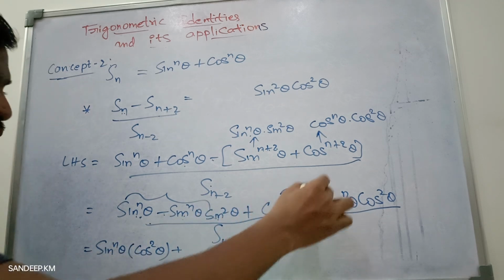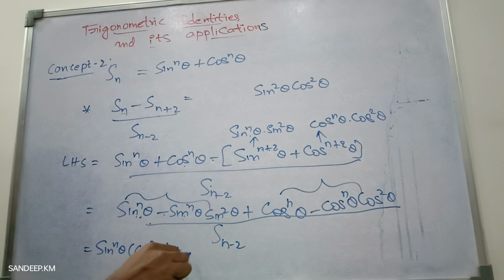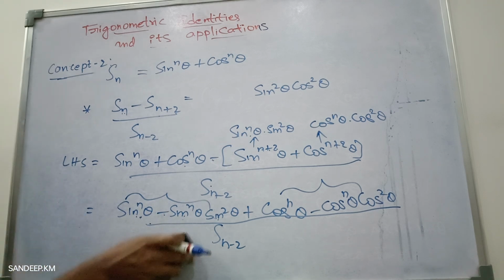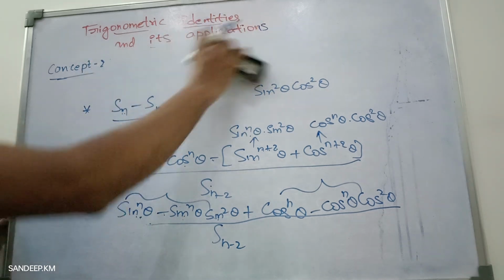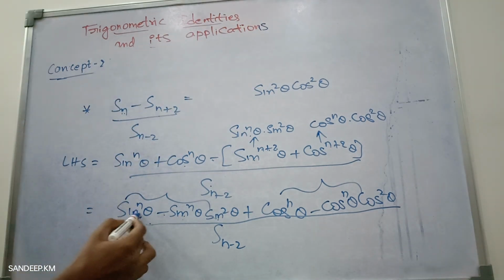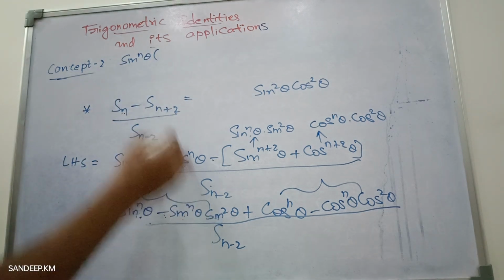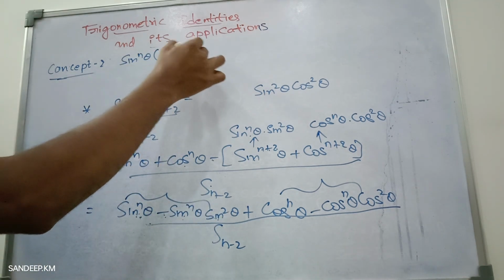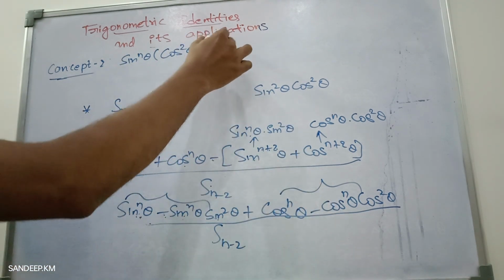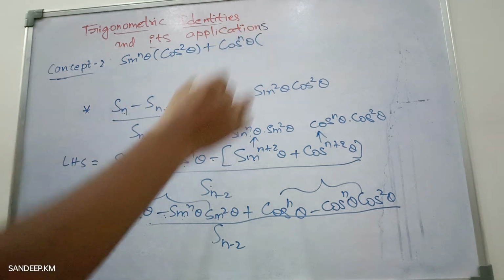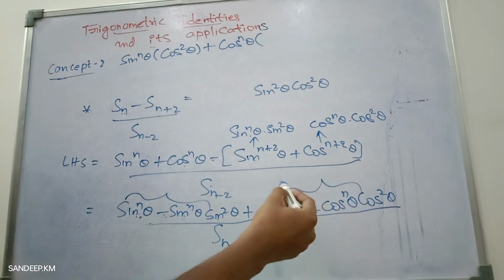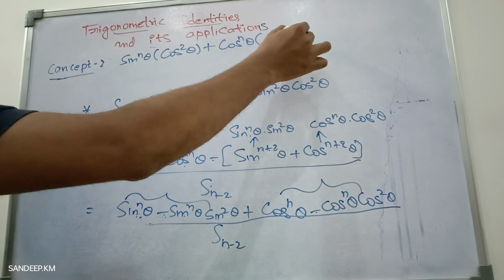Plus, in these two terms I can take cos power n theta common. In these two I have taken sine power n theta common. You'll get 1 minus sine square theta, which is cos square theta. And in these two I can take cos power n theta common, and I will get 1 minus cos square theta, which is sine square theta.